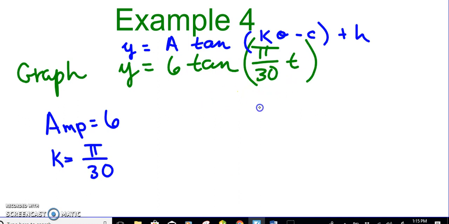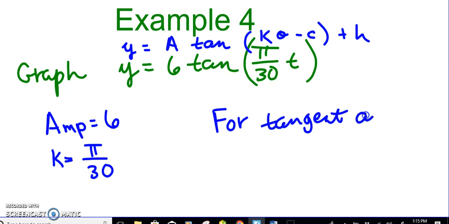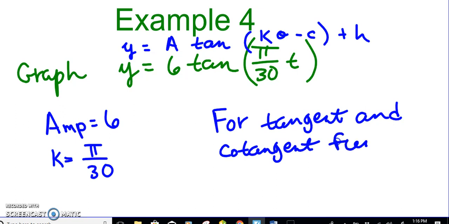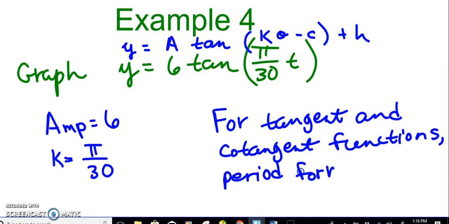But the thing that's very important to remember for tangent and cotangent functions is that the period formula is something different.